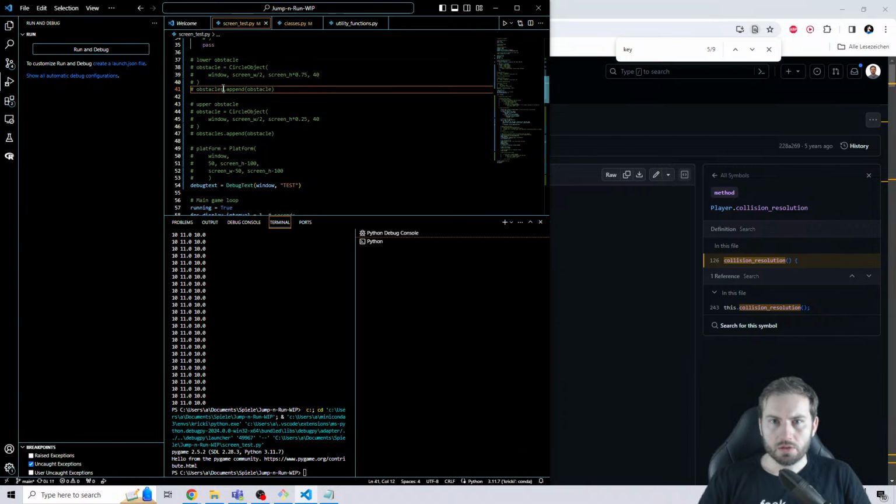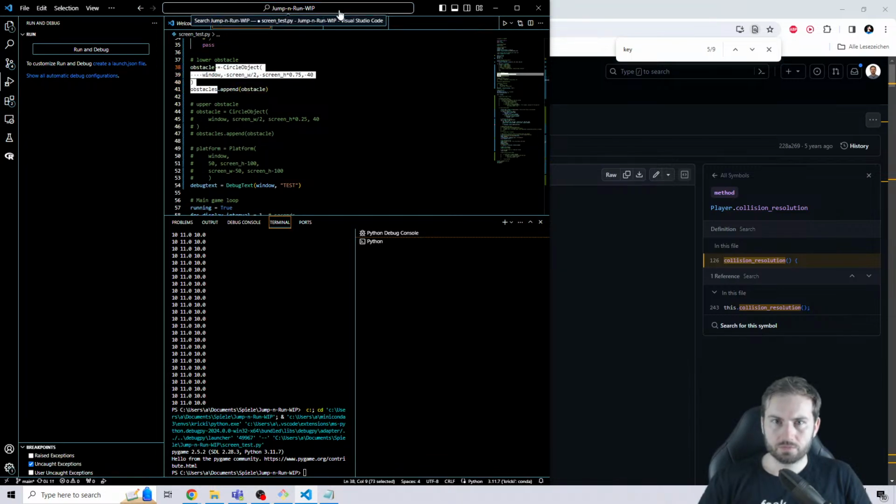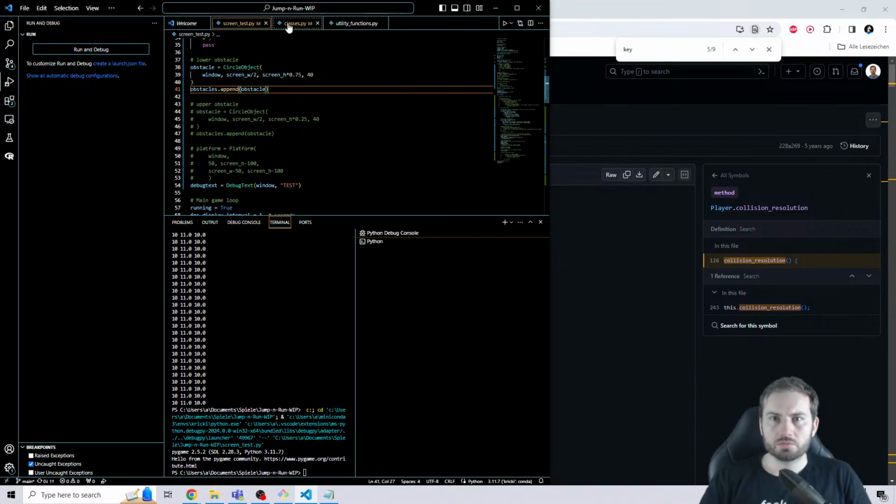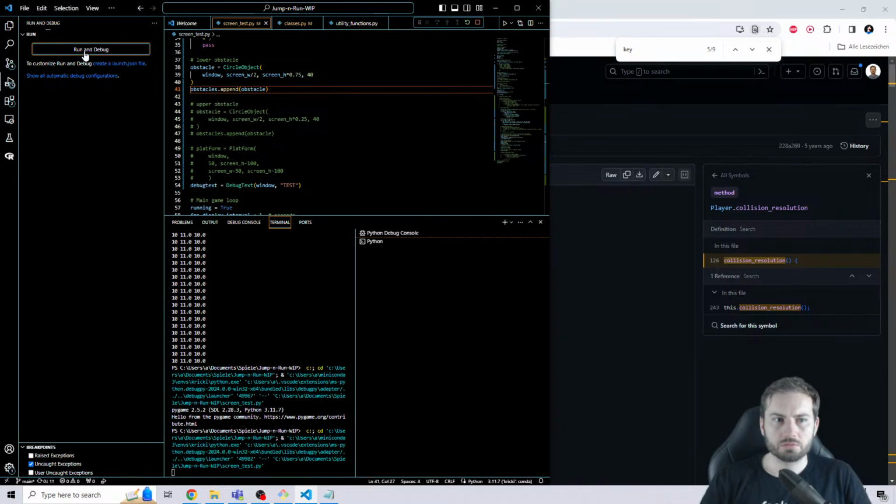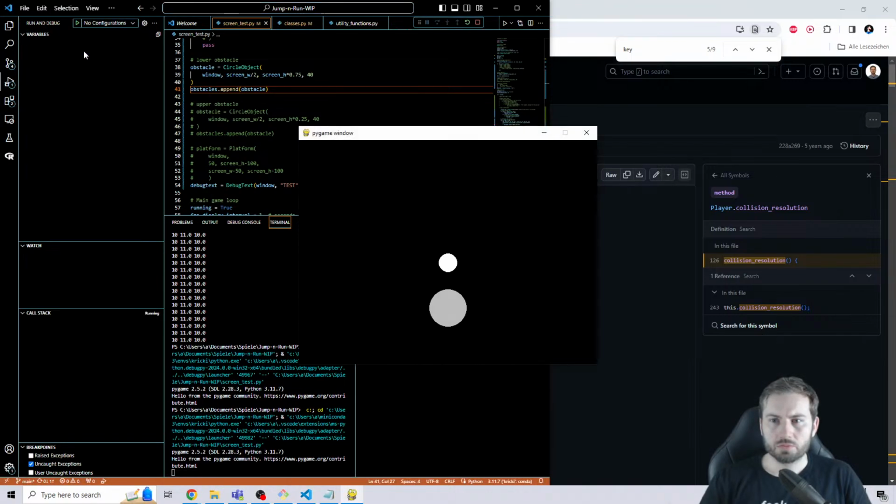Let's add the lower obstacle back in. Boing, boing, boing.